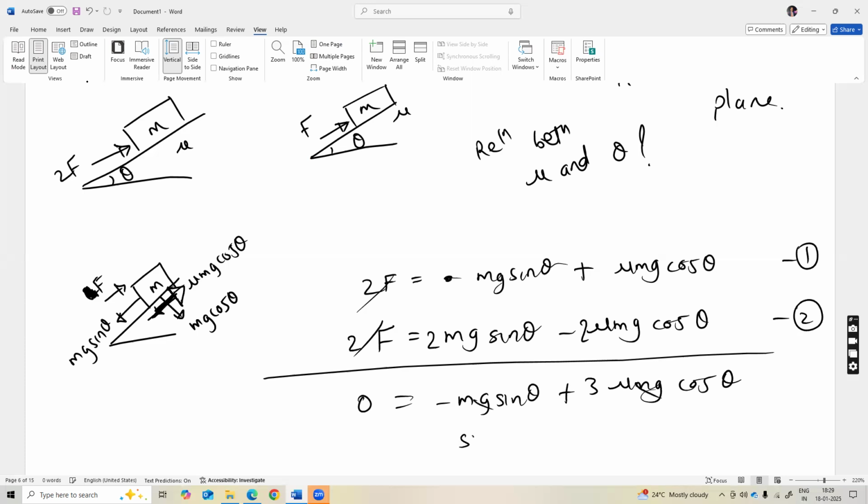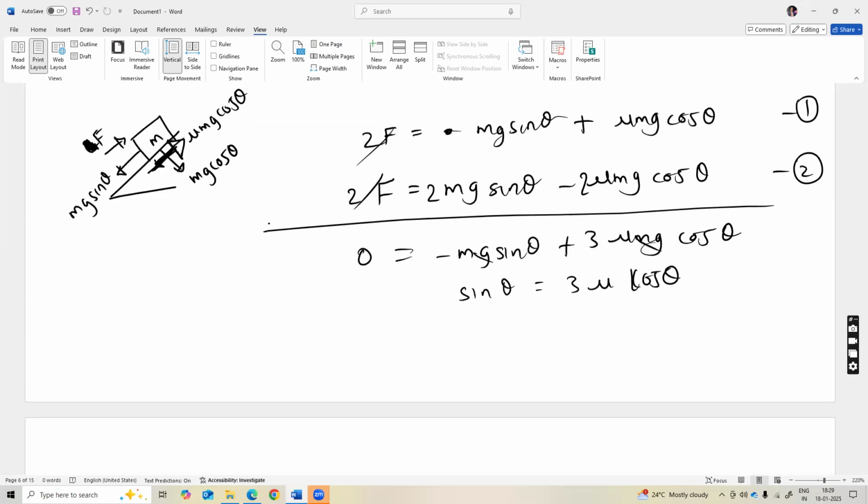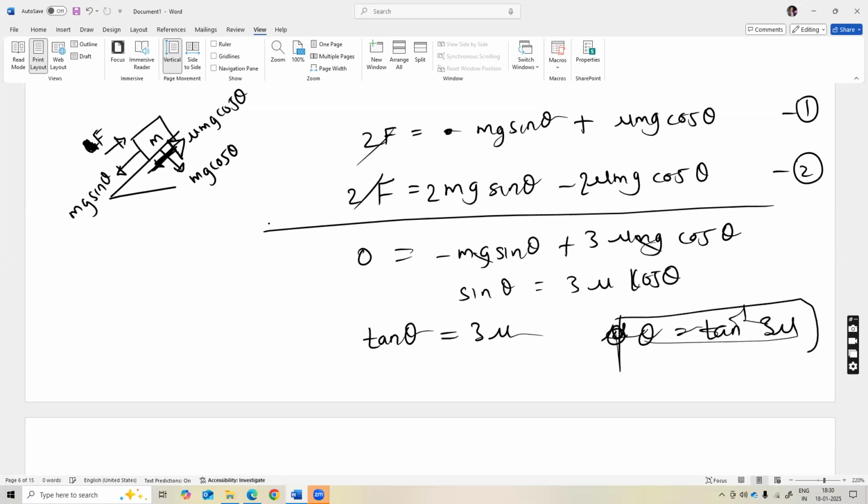So sin theta will be equal to 3 mu cos theta. Sin upon cos is tan theta, so tan theta is equal to 3 mu. So theta is equal to tan inverse of 3 mu. So both are correct answers.